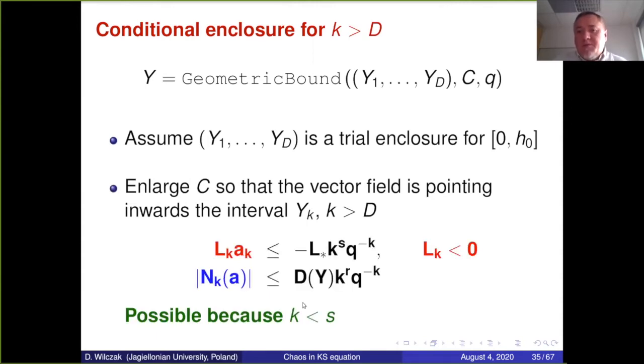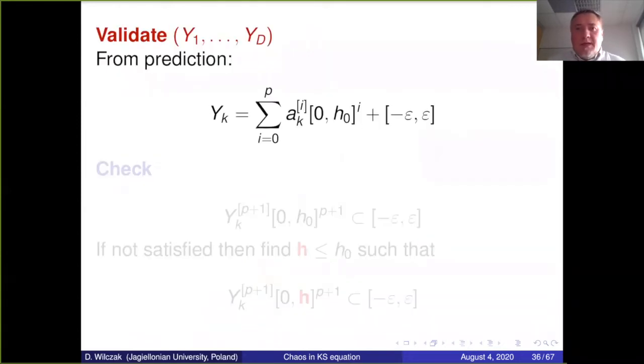And it is possible because the linear part is bounded by this, it should be p here, sorry. And the nonlinear part is bounded by this, and p is greater than r. Well, it is correct, but it doesn't fit the previous slides, okay? But because of this, we have this inclusion. And then we compute Taylor coefficients on the main modes.